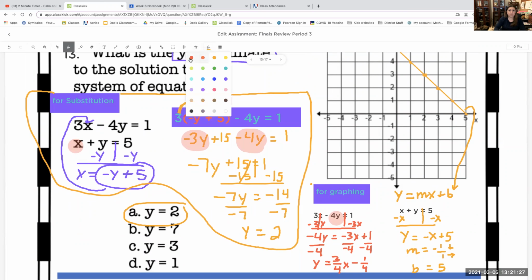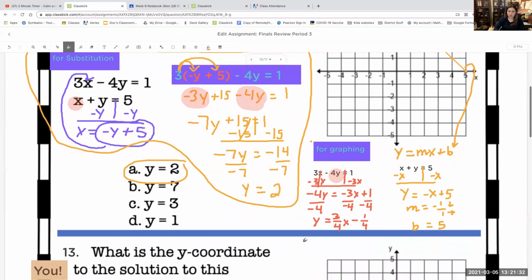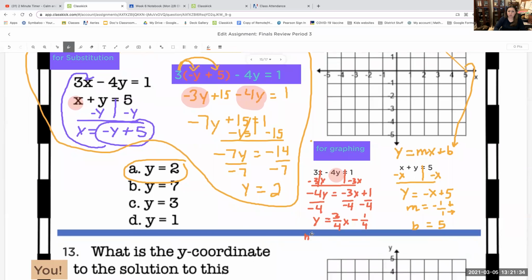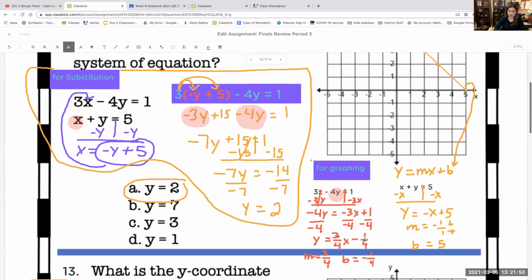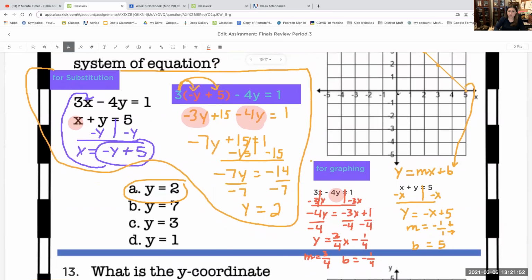For the red one, it's going to be a little bit trickier just because my slope equals 3 over 4, but my y-intercept is negative 1 over 4. This is going to be the trickiest part because it's basically like here. No, even less than that. Like there.